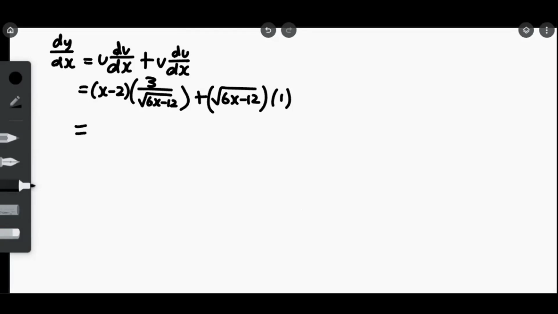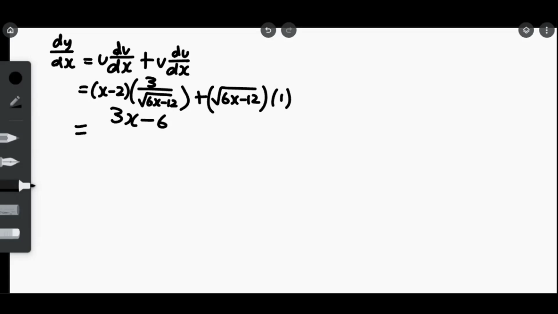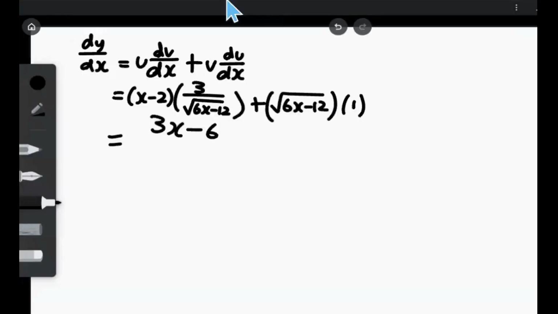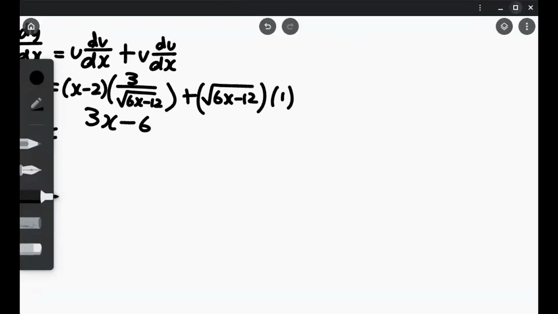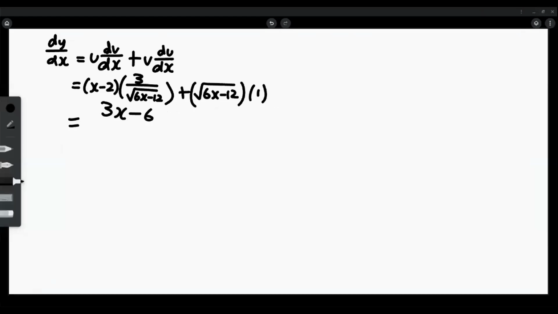So why 3x minus 6? Let me illustrate this on a new share, on my Chrome canvas, so that I can demonstrate on my side here.